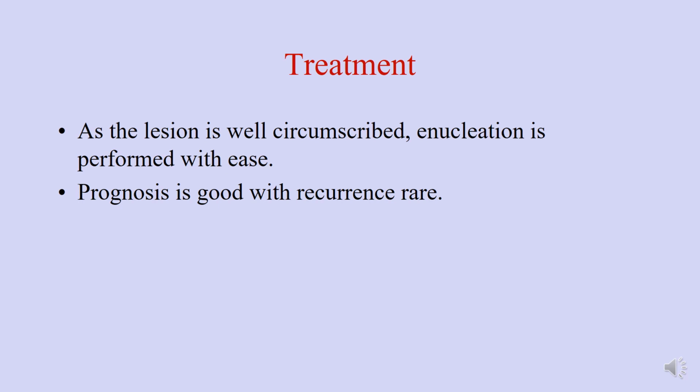Coming to treatment now, conventional ossifying fibromas are well-circumscribed lesions, that means generally they have a well-defined mixed radiopaque lesion with a peripheral rim, right? They can be easily enucleated, and the prognosis is good. Recurrences are rare, and malignant transformation is not seen. That's good news about ossifying fibromas.